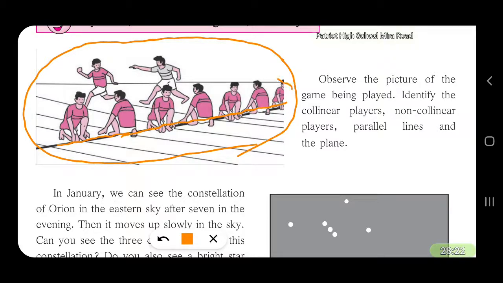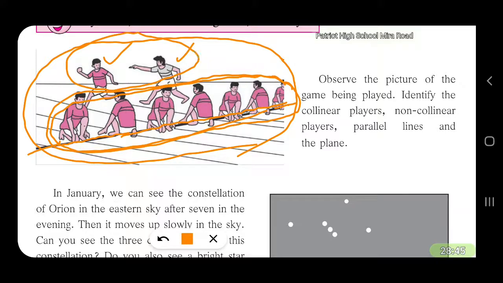So the players who are sitting are in collinear position. But these two players, they are away from the line, they are not on the line. So they are non-collinear with this line. So this is a collinear set, and these are not collinear with this given set.